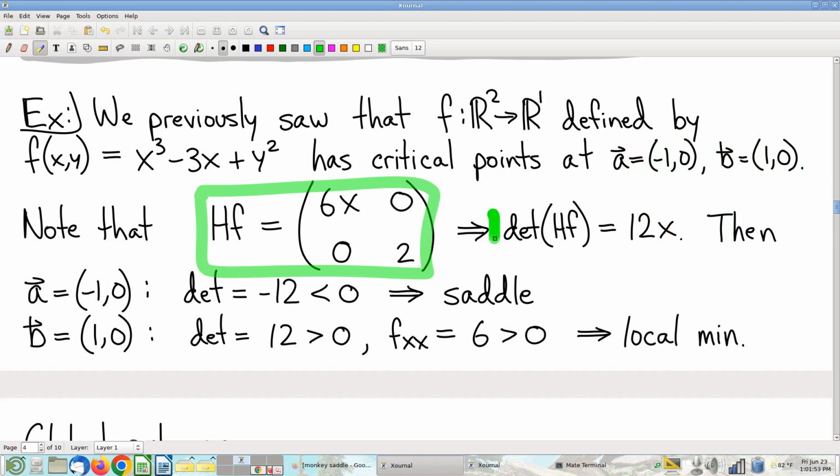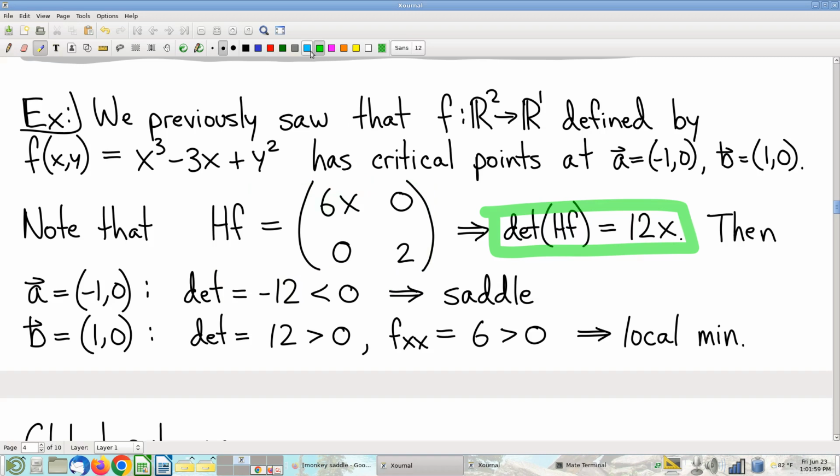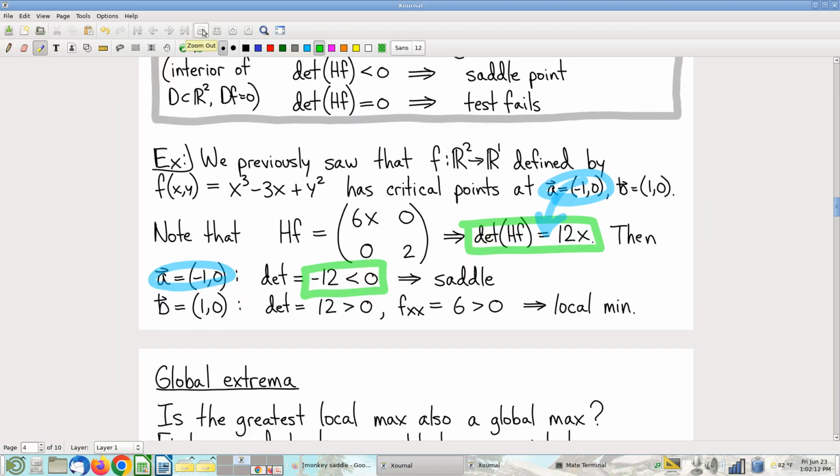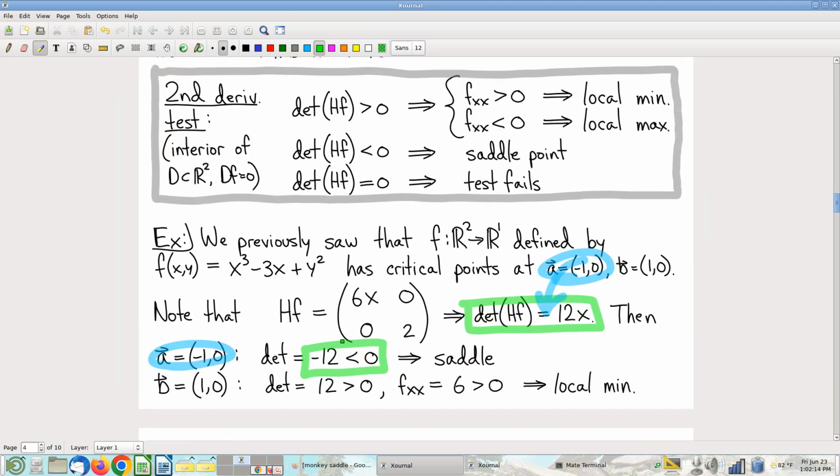Hessian matrix is that. Hessian determinant is this. And now we'll consider our points, starting with -1, 0. Plug that in. Our Hessian determinant is negative. Which means we have a saddle point.